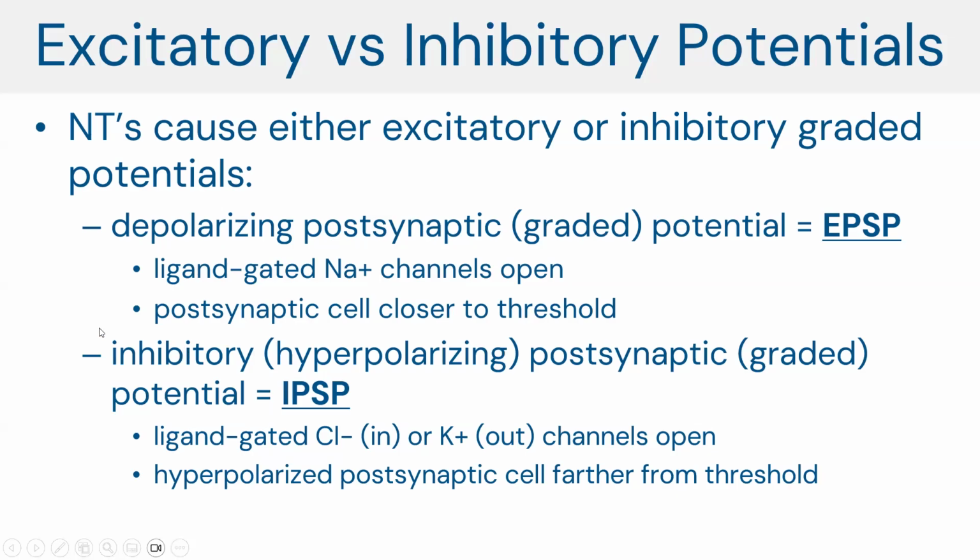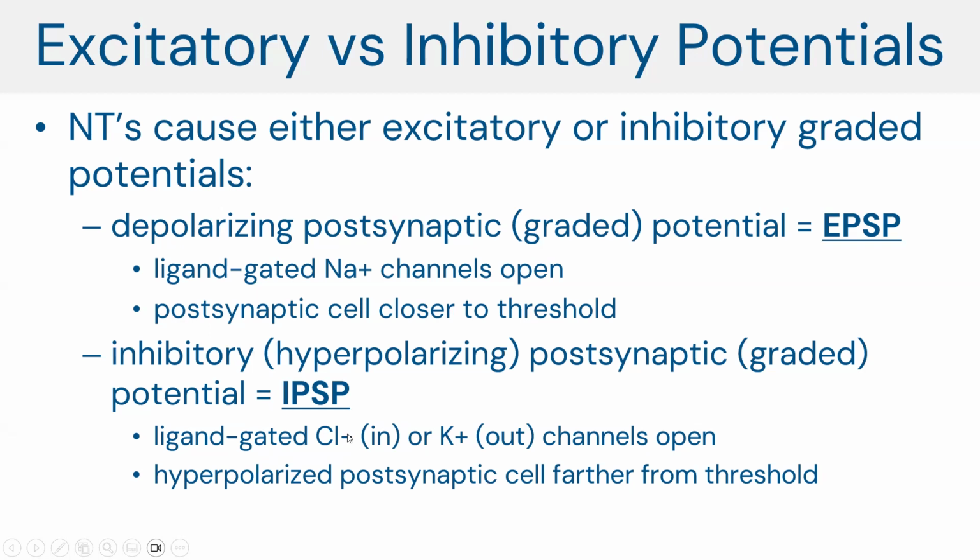The opposite is inhibitory. We can also call that hyperpolarizing because that's going to take us farther away from the threshold. We call that an IPSP. This is going to be either a ligand-gated chloride channel or a ligand-gated potassium channel.